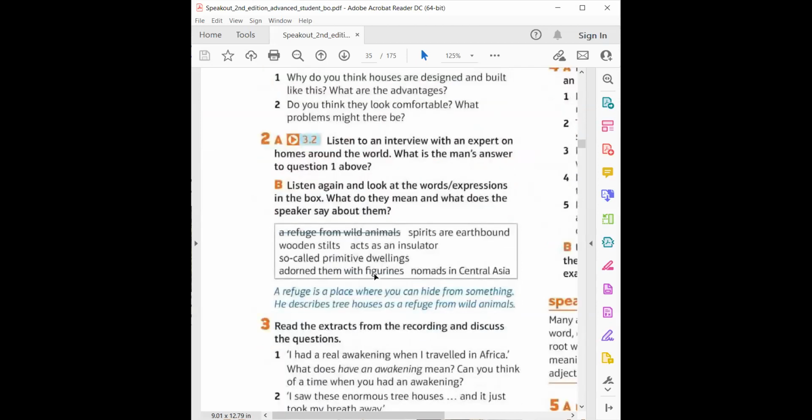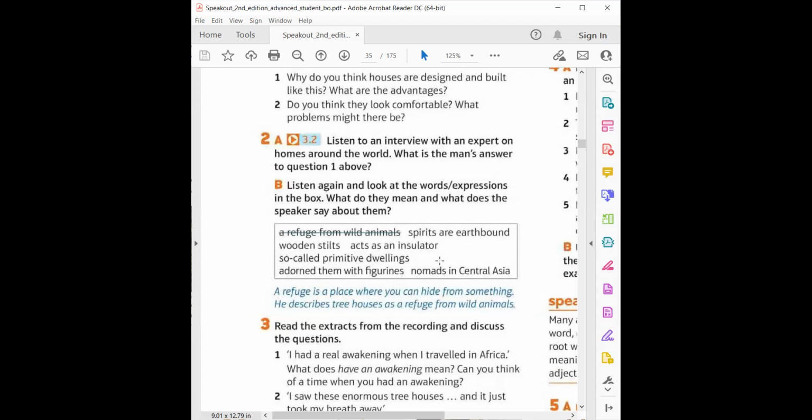Acts as an insulator. What's the meaning of insulator? I have no idea. Okay, in this sense, it's like a substance, like a material. They put it on the walls so they can prevent heat or cold.